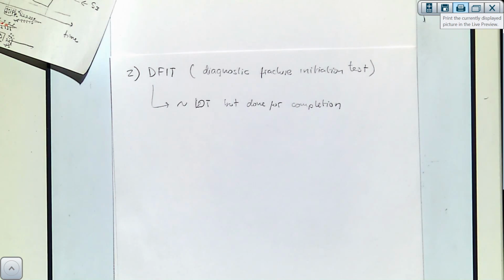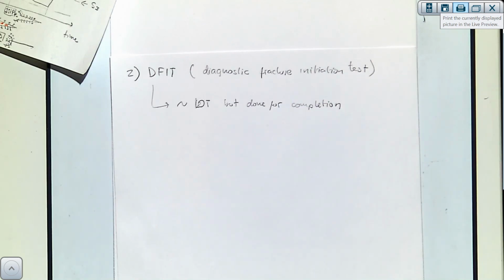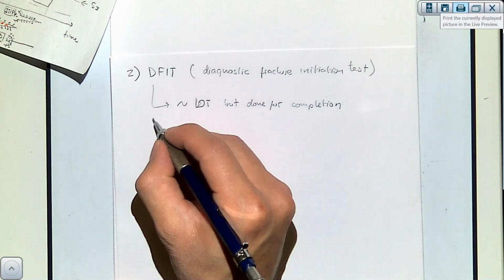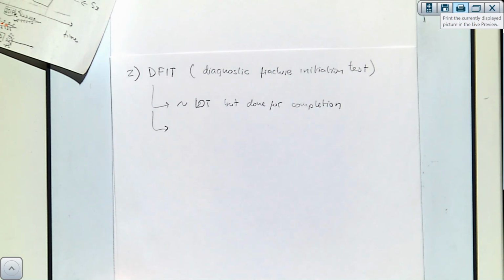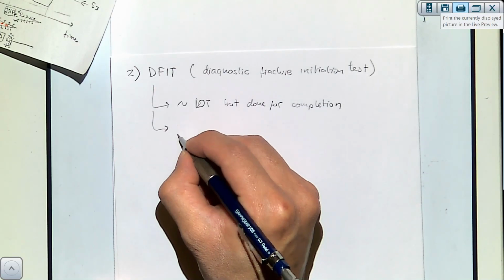So you may even case your wellbore and run it, and if you've done it for completion, what do you use? Do you use drilling mud? No. Instead of drilling mud, this one is going to use fracturing fluid.